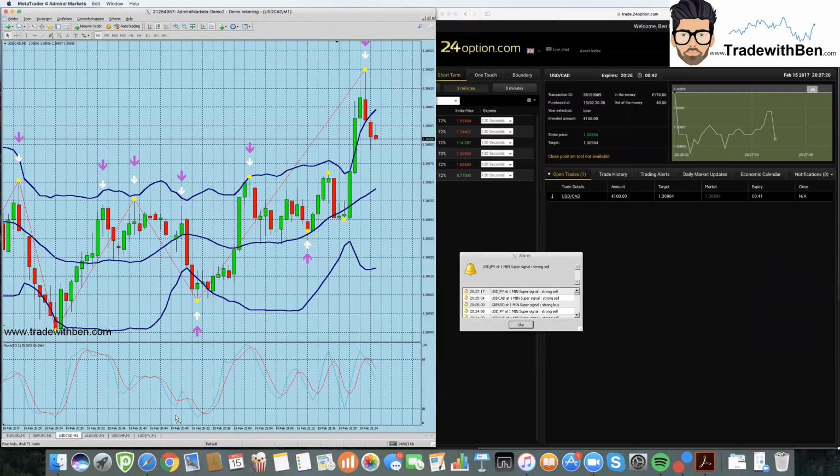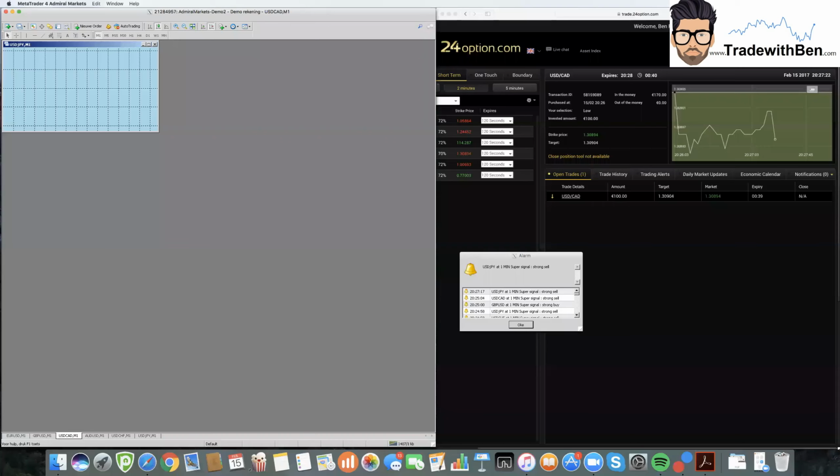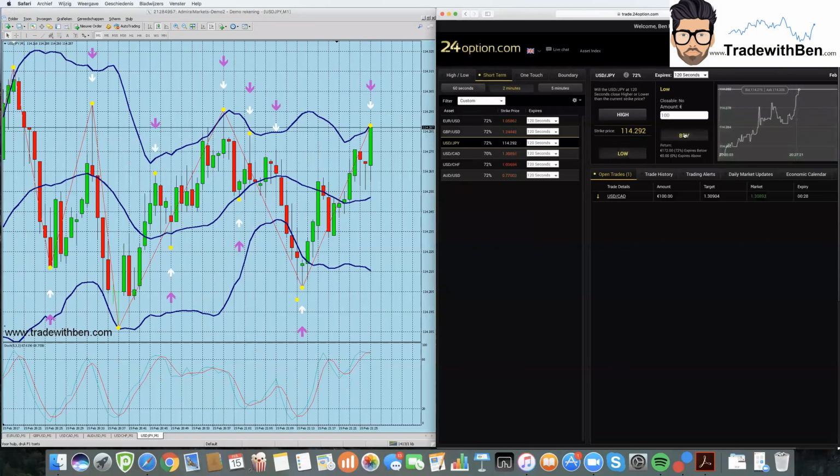Let's see. JPY. So indicates a reversal over here. Just wait for the new candle to show up. We're going to wait for the new candle to show up, and then we will choose a direction.